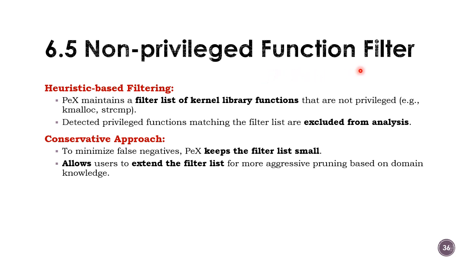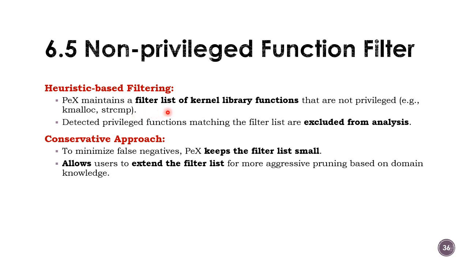If you still recall, previously we mentioned there's a thing called filter. So the filter has two features. The first one is that it uses heuristic-based filtering. This basically means that it's rule-based, the rules can be defined by the user.